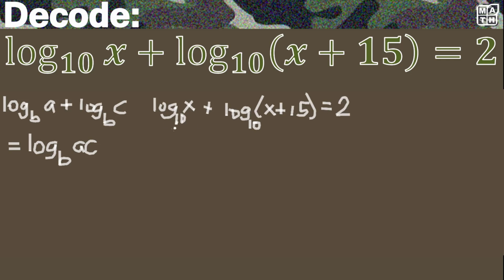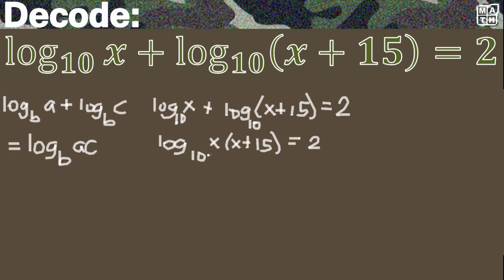We have the same bases here, so we can write them into one logarithm: the logarithm of the product x and x plus 15 to the same base 10, and this is still equal to 2. Again, same base. It will not work if the bases are not the same.